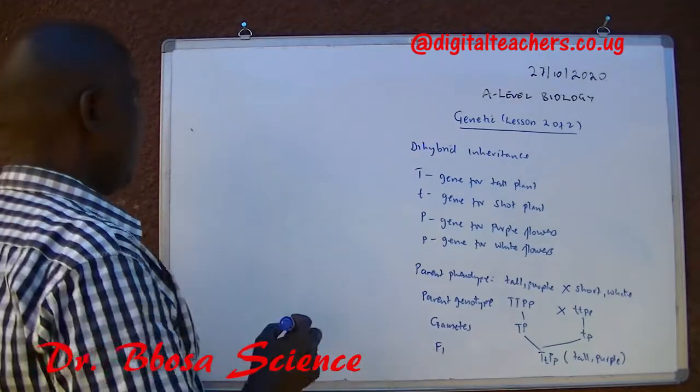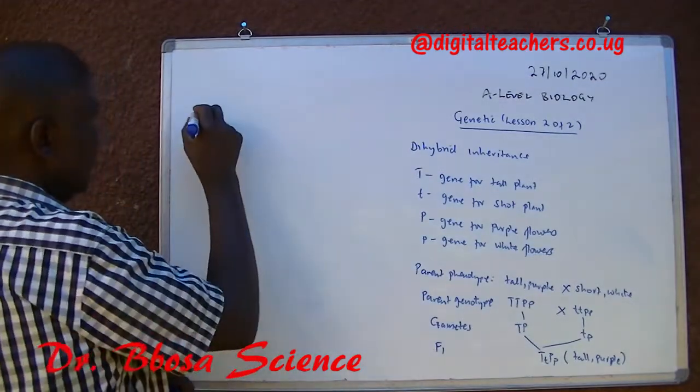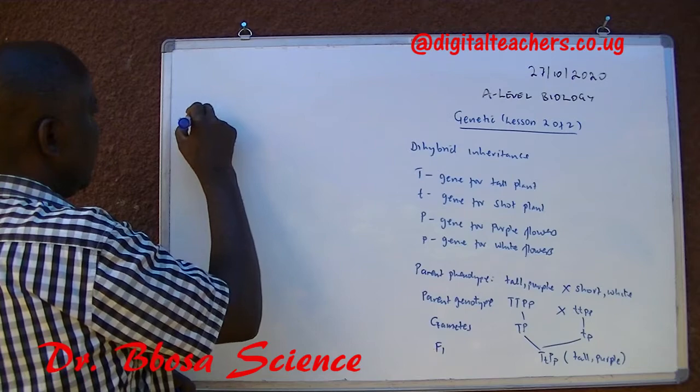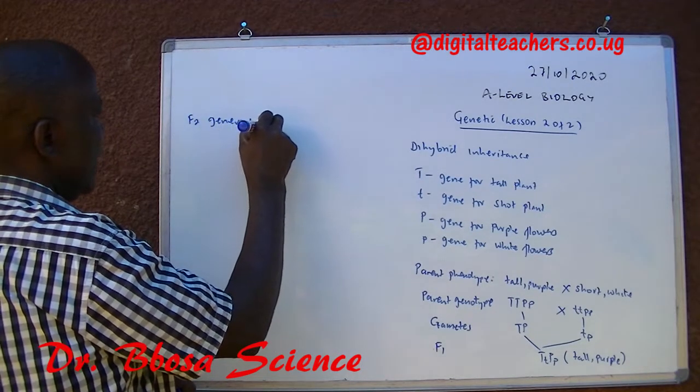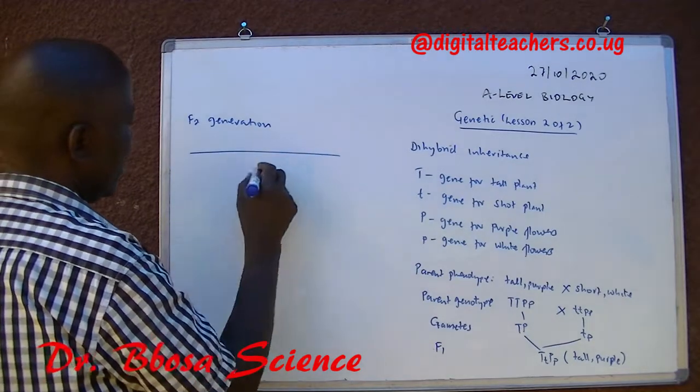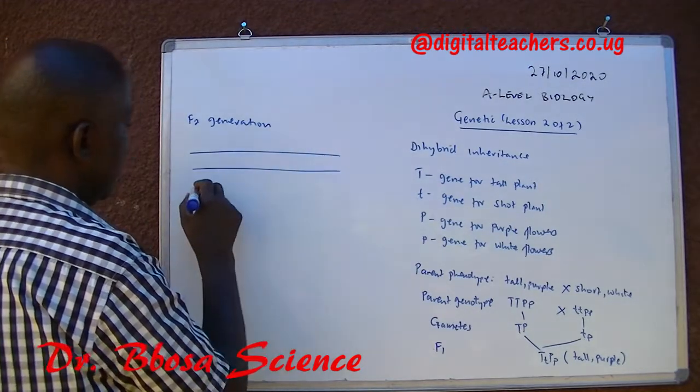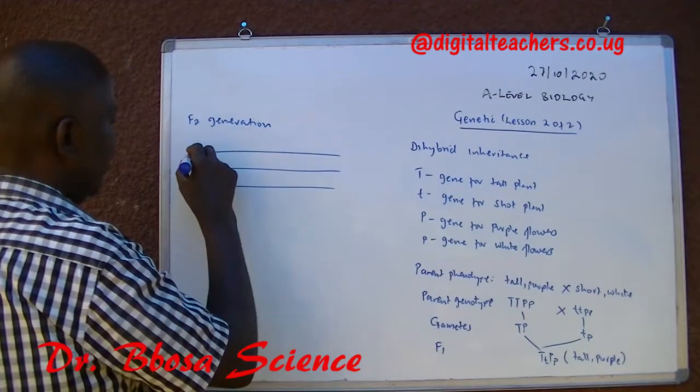Then F2 generation, we shall use a Punnett square.